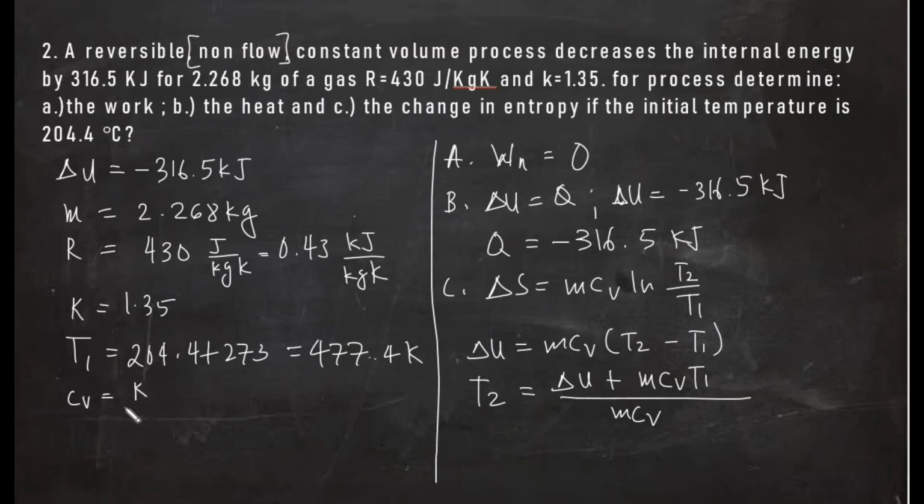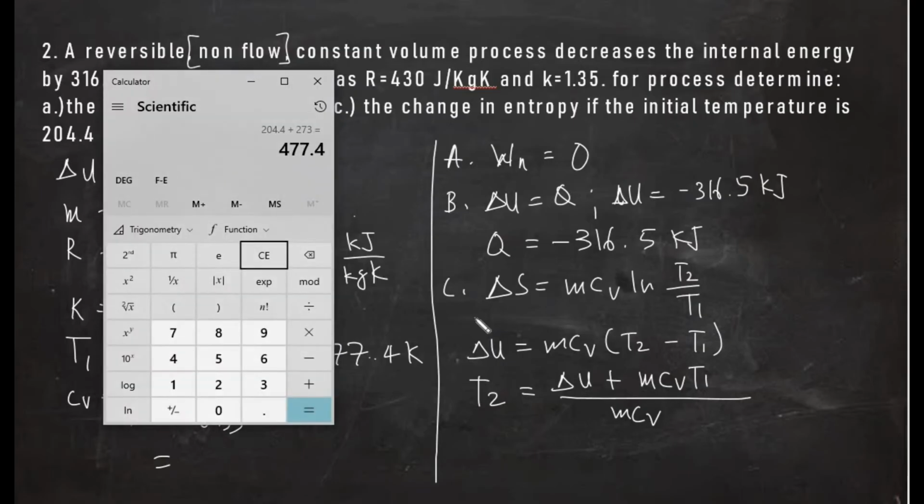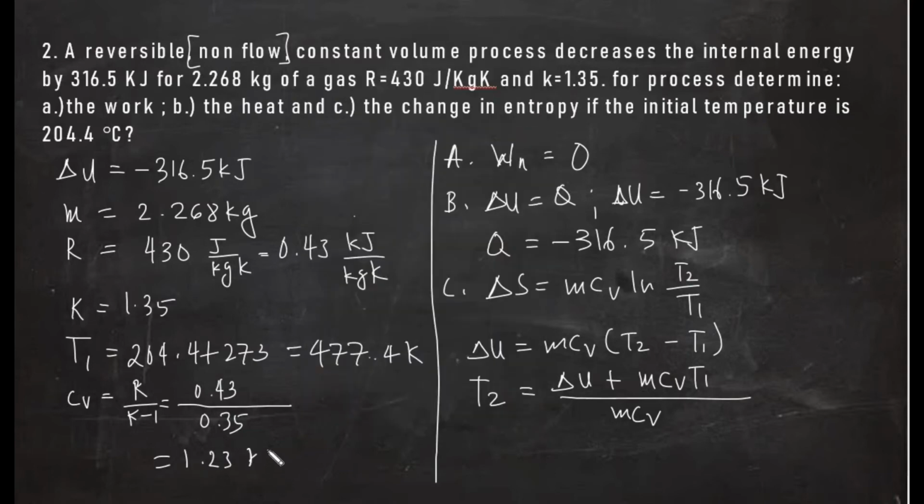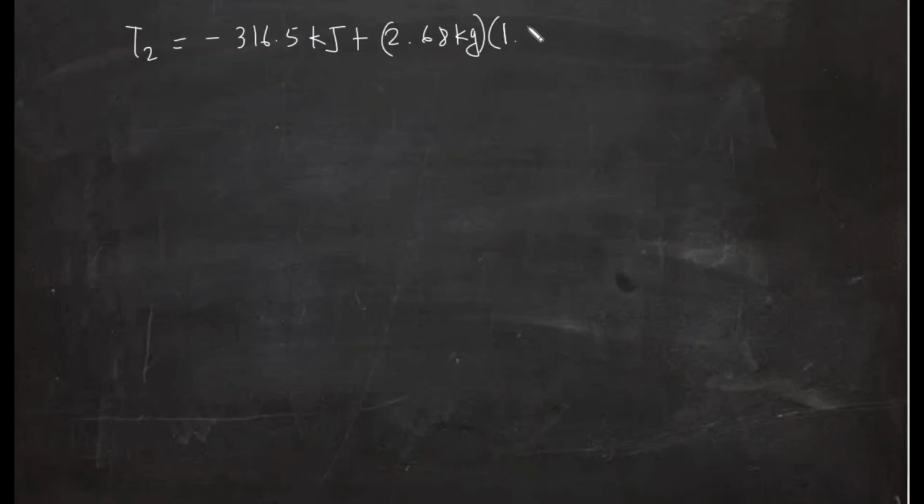C sub V is equal to R over K minus 1, so our R is 0.43 over K minus 1, so this is 0.35. So we have 0.43 divided by 0.35. So the answer is 1.23 kilojoule per kilogram Kelvin.